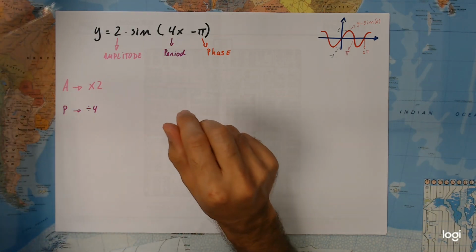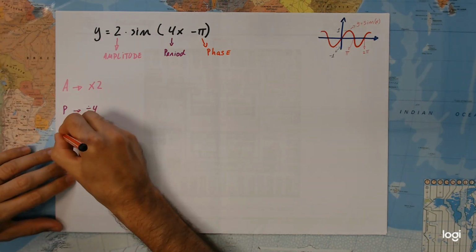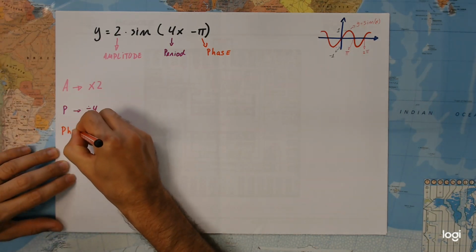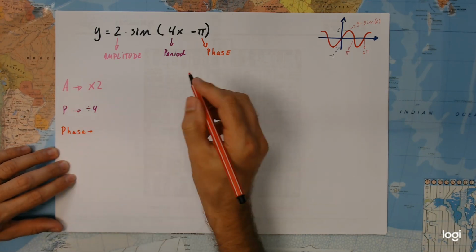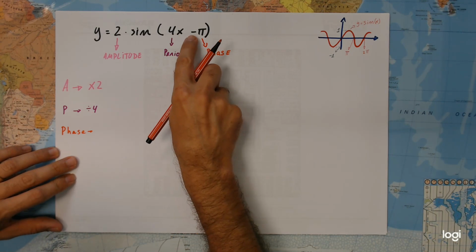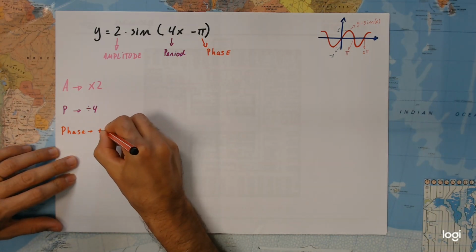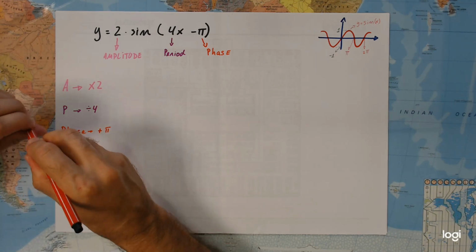And what is going on with our phase? I have to write phase because P is not going to help. Our phase, if there is a minus in here, we are going to add a plus pi, always the opposite.